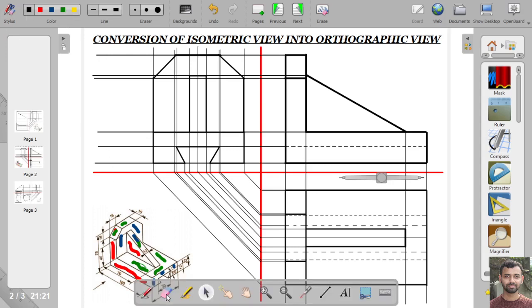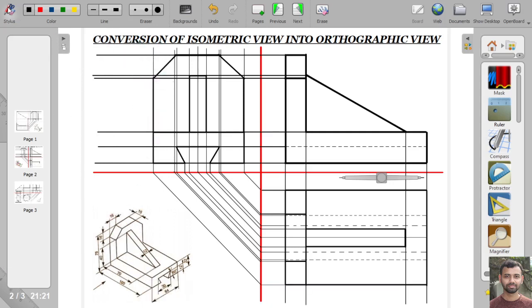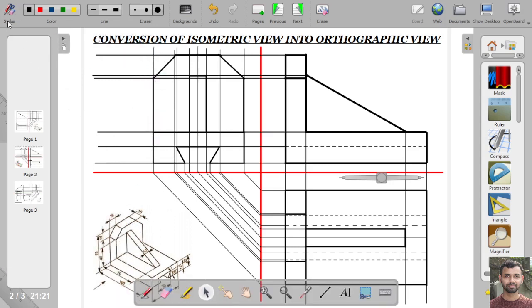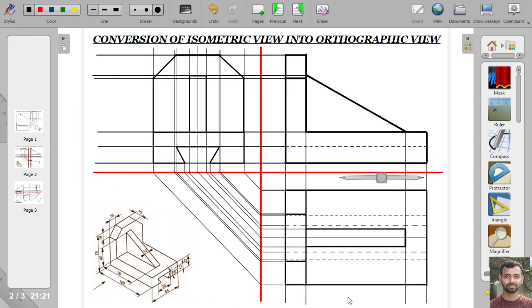Let me erase these portions. Okay. So this is the complete picture of the part. Okay.